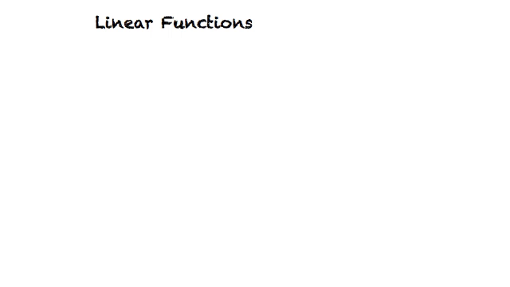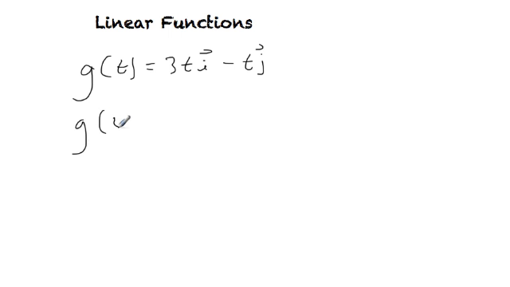Now that we've seen that traditional linear functions are not examples of our current definition of linear functions, let's take an example of one that is. Let's take a function like g of t is equal to 3t i hat minus t j hat. According to this, g of 2 plus 3 should equal g of 2 plus g of 3.